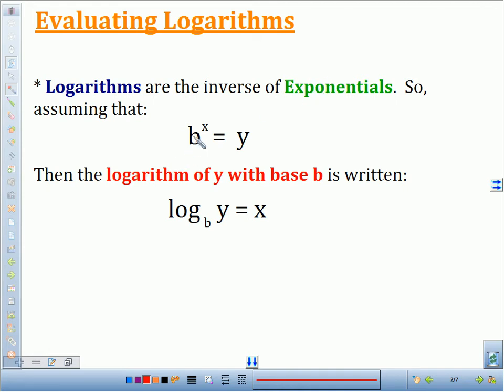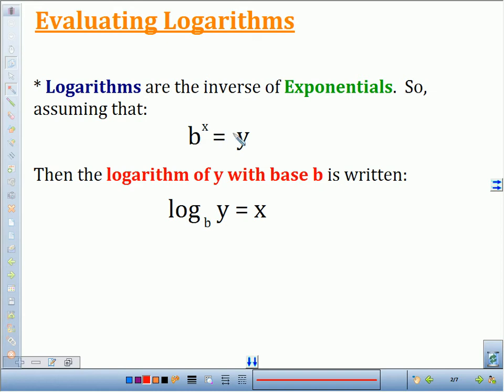So, if I had b to the x power equals y, whatever those numbers happen to be, then the logarithm of y with base b is written as this. We have log base b of y equals x.